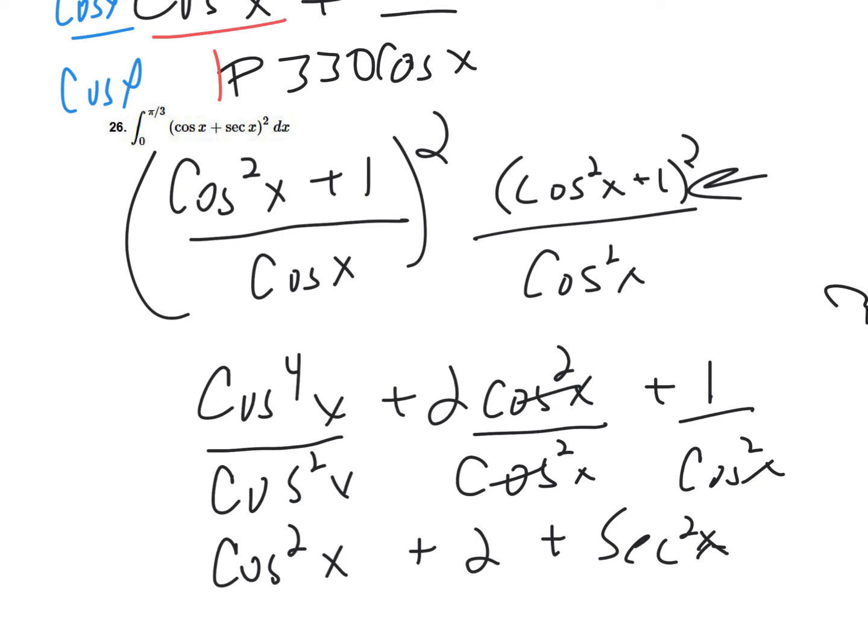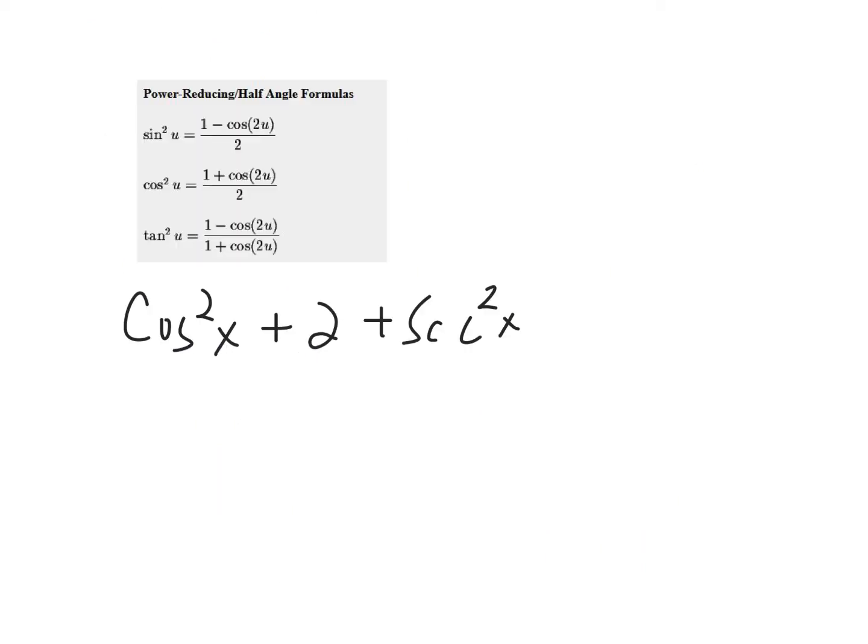What makes this hard at this point is this cosine squared, because how do you find the antiderivative of cosine squared? Well, this is where we need to pull out a trig identity table. I see these half-angle formulas, or power reducing formulas, right? Because the square is what's making this a problem. So let's rewrite this.